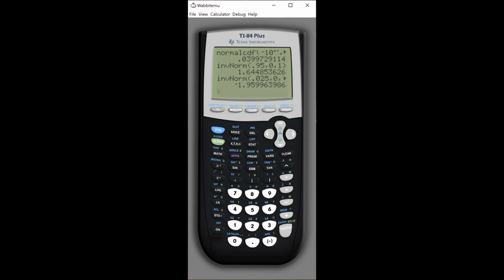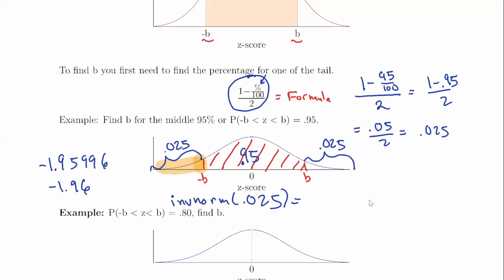All right, so let me go ahead and grab some answers. Right here, for this negative b we put negative 1.96, and for this one we put positive 1.96. What this is saying is, from negative 1.96 all the way to positive 1.96, if we find the probability in between, it should add up to approximately 95%.